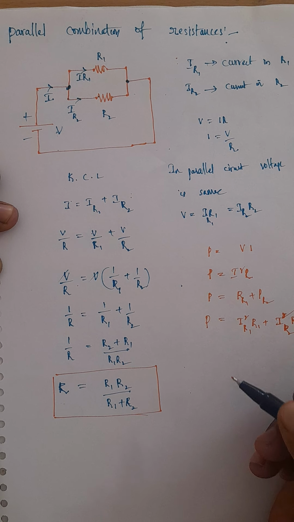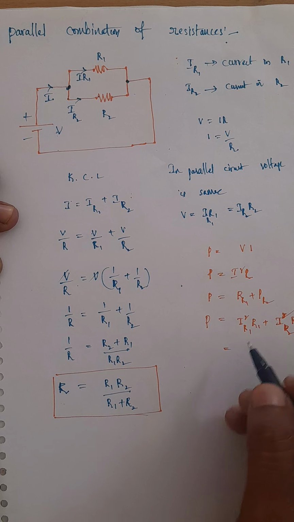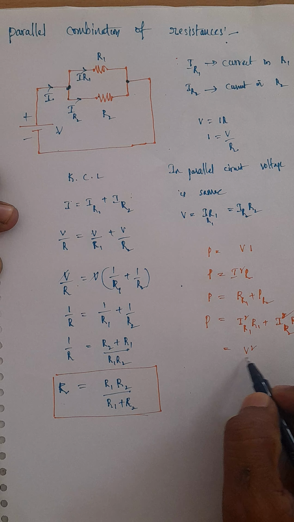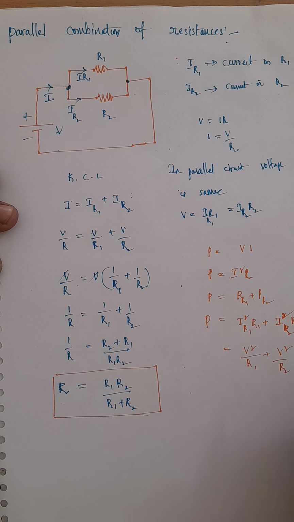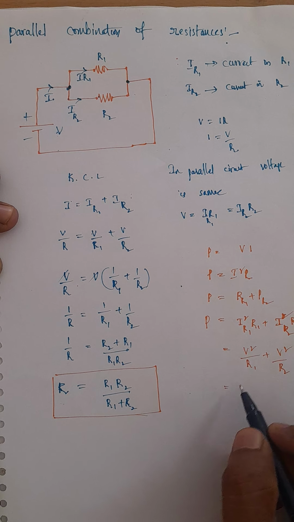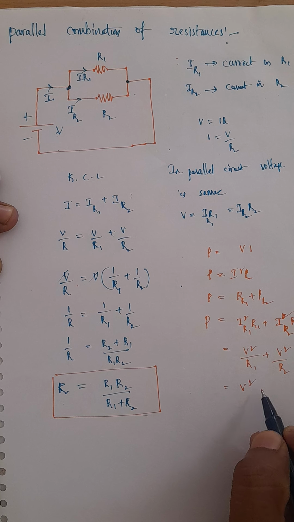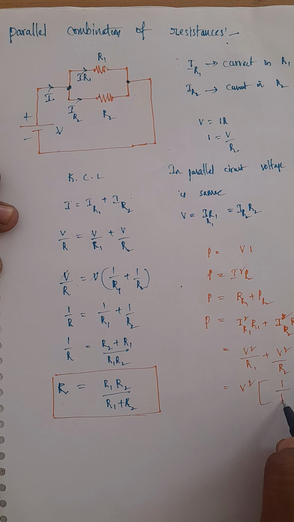We can also represent it in terms of voltage like this: V square by R1 plus V square by R2, because the voltage drop is the same in the parallel circuit. Or else we can represent it as V square times 1 by R1 plus 1 by R2.